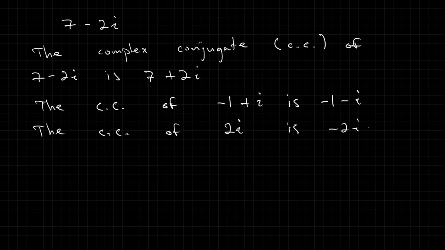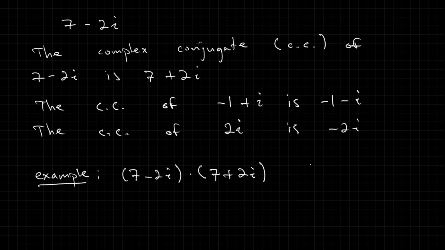And the complex conjugate has this property that if you take a complex number, let's take our initial complex number 7 minus 2i, and you multiply 7 minus 2i by its complex conjugate, then the result will be real. Let's see why that is.